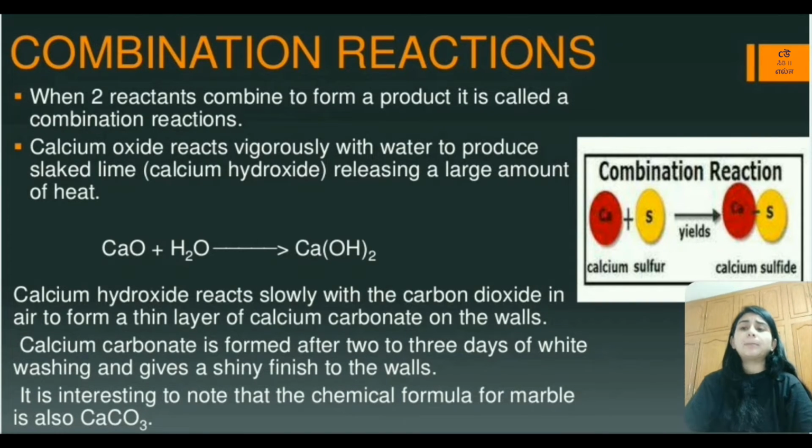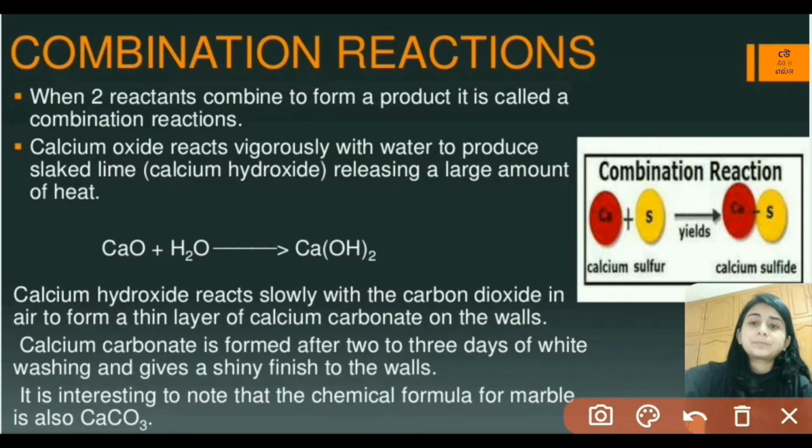One very good example of this is slaked lime, like how slaked lime is formed. So we will be using calcium oxide. Calcium oxide, students, has a molecular formula, that is CaO. When this CaO combines with water, that is H2O.